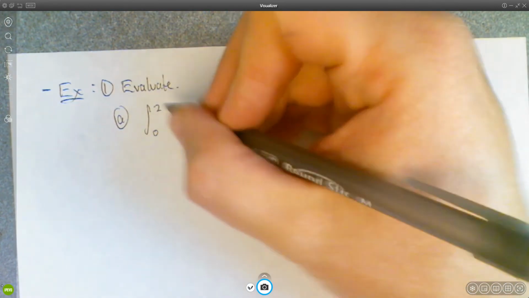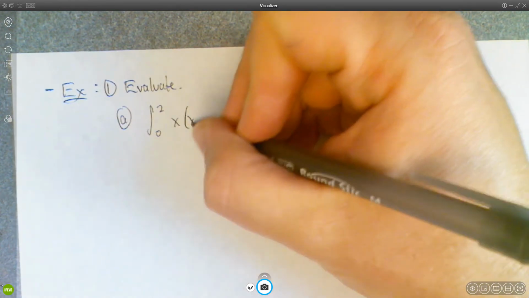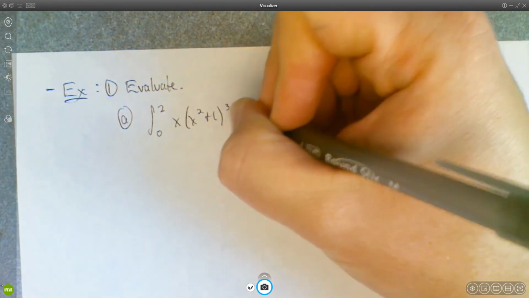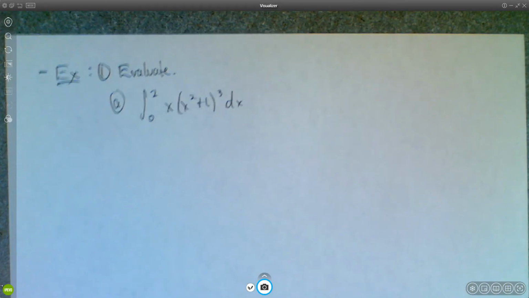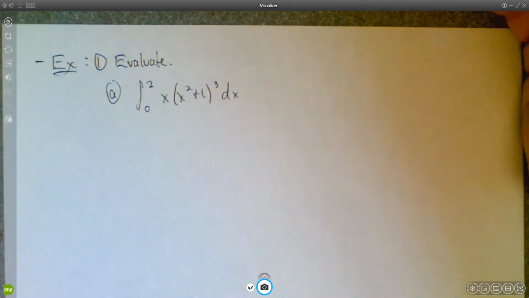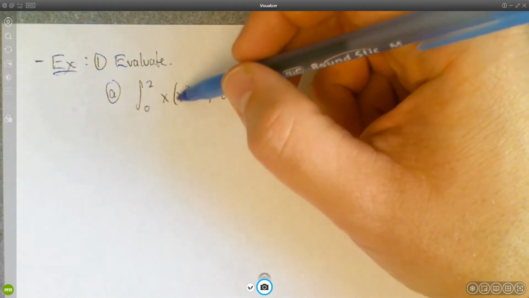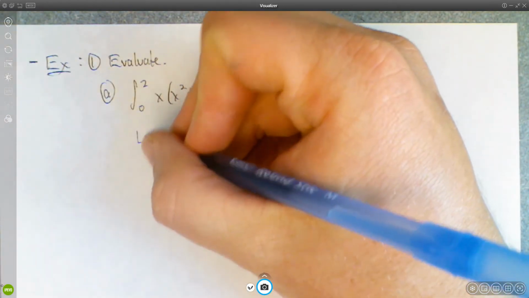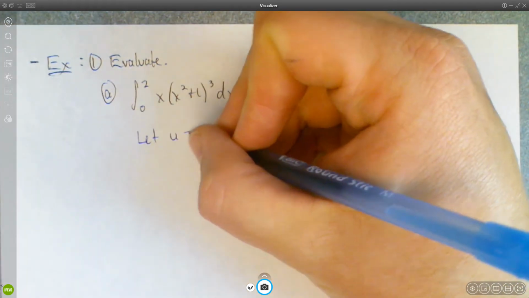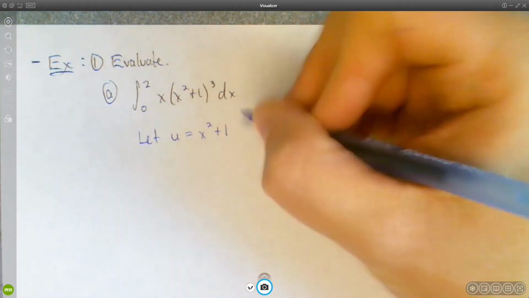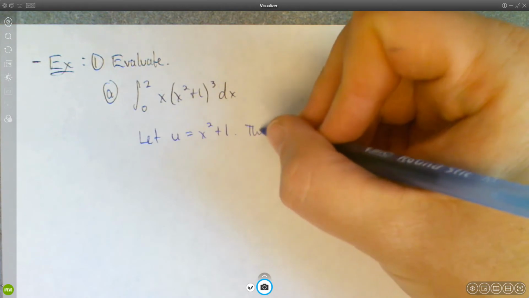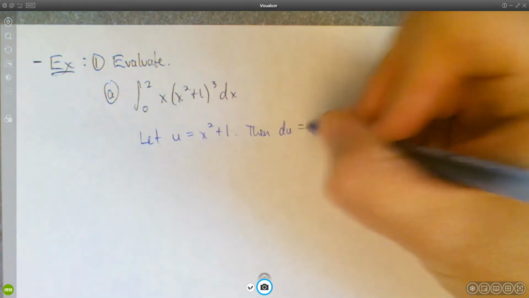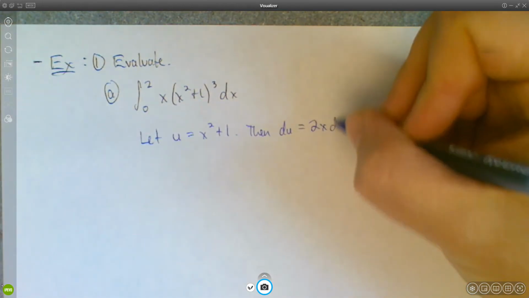We'll go 0 to 2, x times (x squared plus 1) cubed dx. So what I notice is that the derivative of this stuff here is right there. So I'm going to let u be x squared plus 1, then du equals 2x dx.